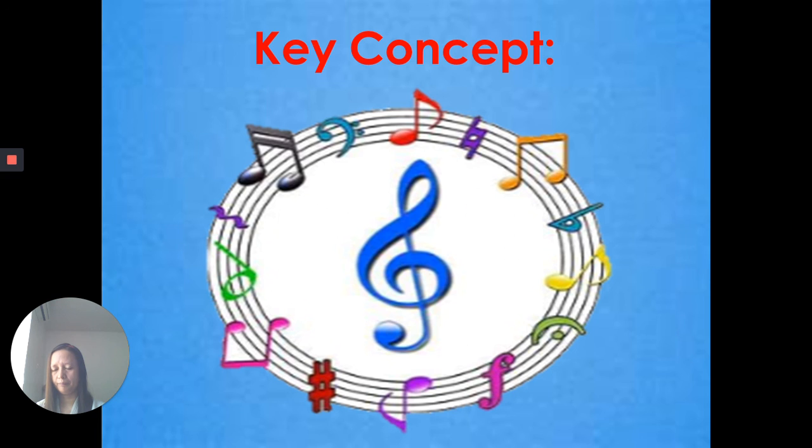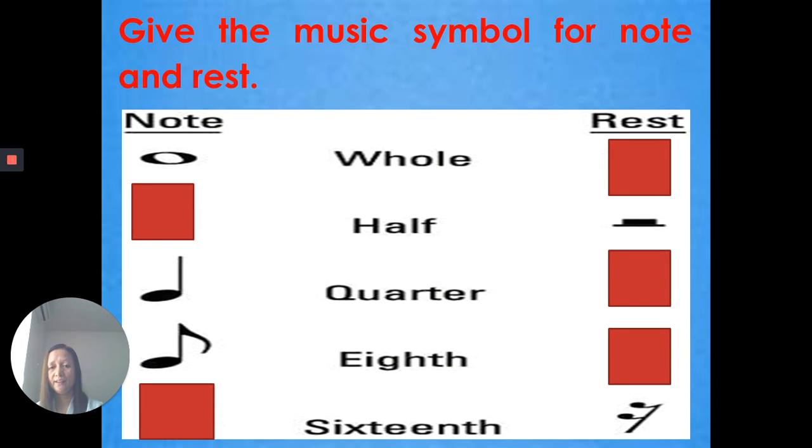Key concept. What you have learned in our lesson today. Let us see if you know the music symbol for note and rest. For whole note, what is the symbol for whole rest?